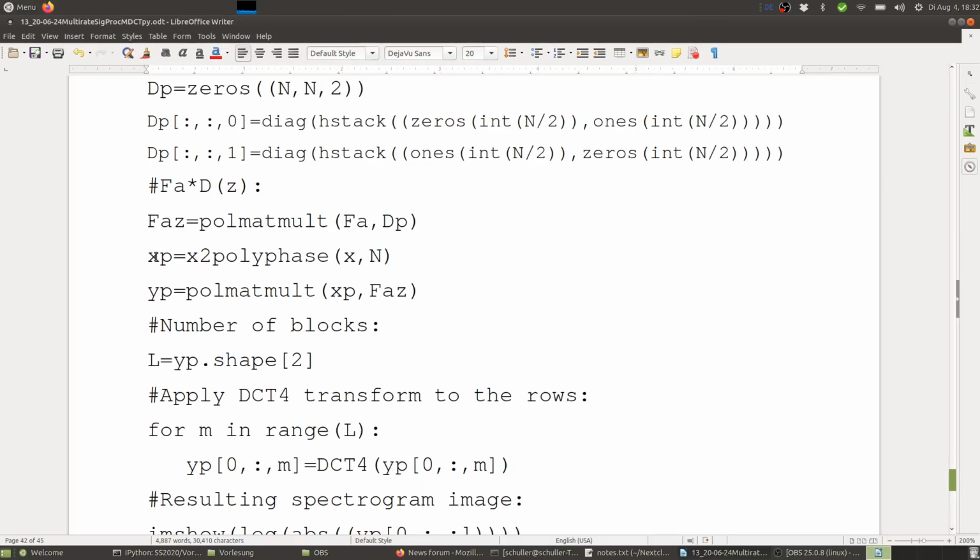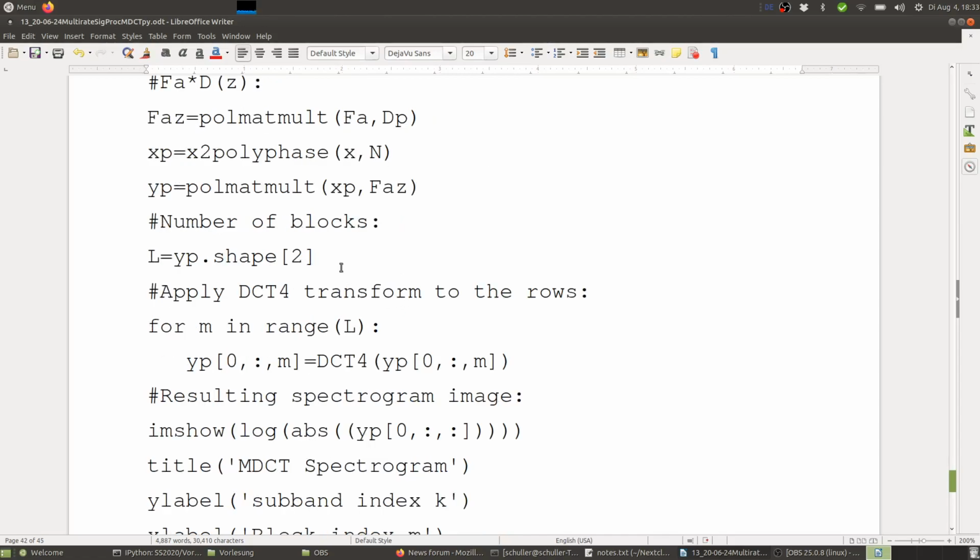Now we process our signal using x to polyphase. So here we put the samples into blocks. And now we do the polynomial multiplication of those blocks with our folding matrix FA of z. So now we have our subband signal YP before we apply the DCT4.